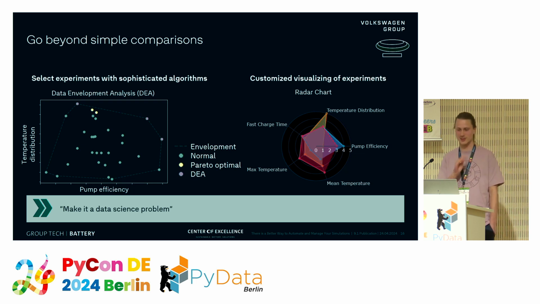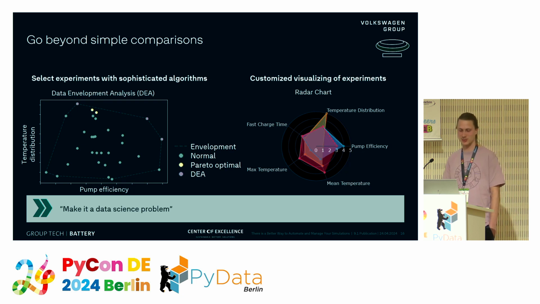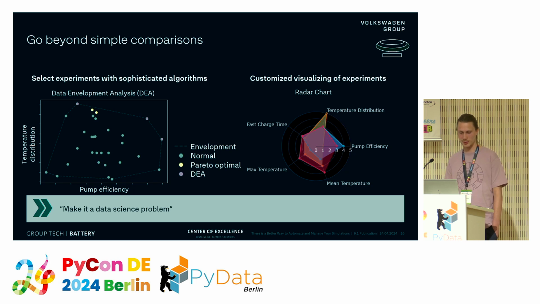I would not recommend doing a radar chart for many reasons, but if somebody wants that, you can easily create this directly from the simulation data in your Jupyter Lab report. And the core idea behind this: make it a data science problem. So create a data set of all of your simulation experiments, dig deep into that, then maybe execute new simulations based on that insight, and then really dig into what are the best parameters for your simulation. I think this is a really powerful and good idea.